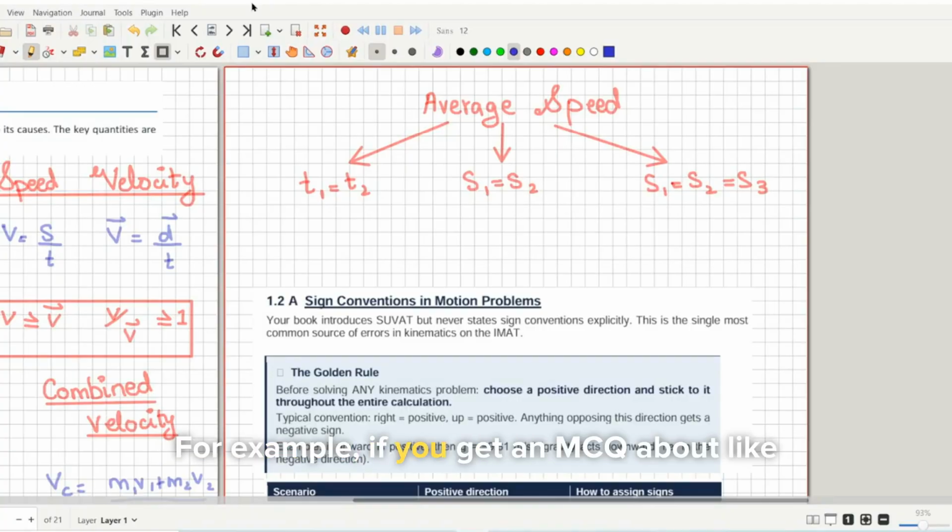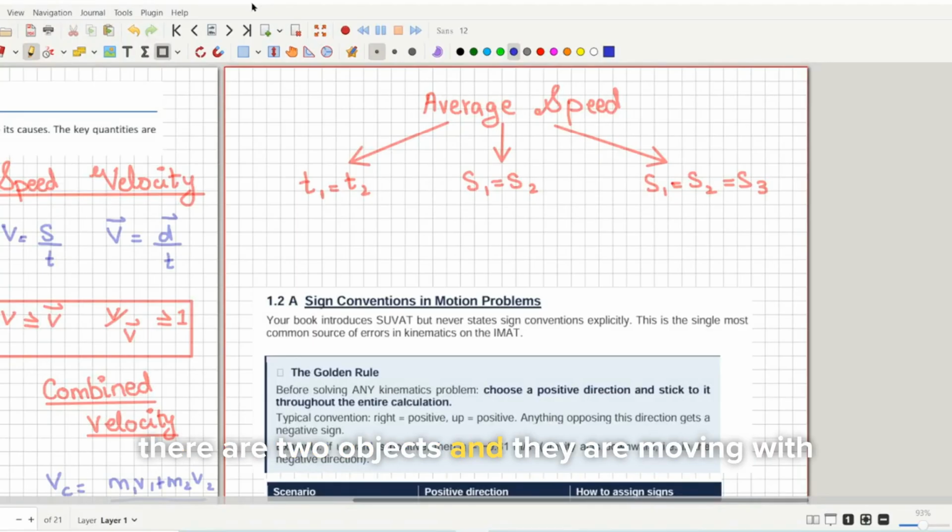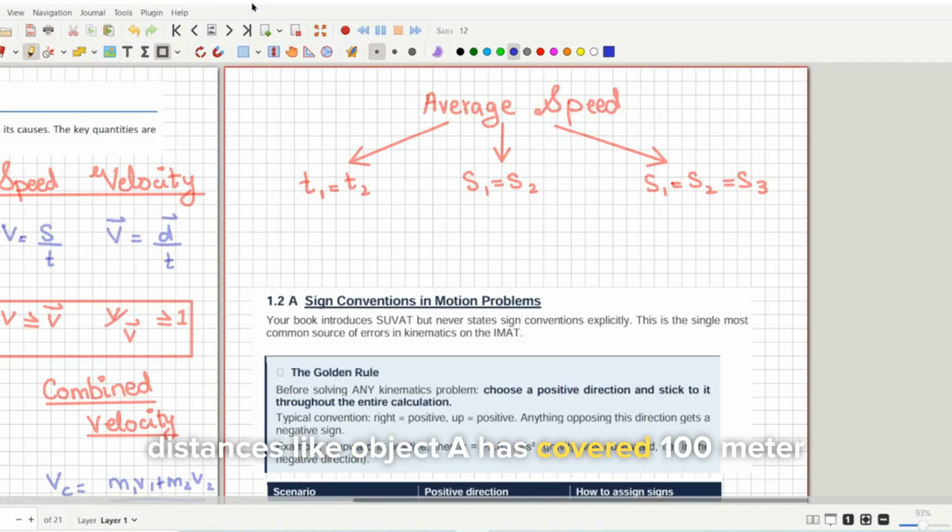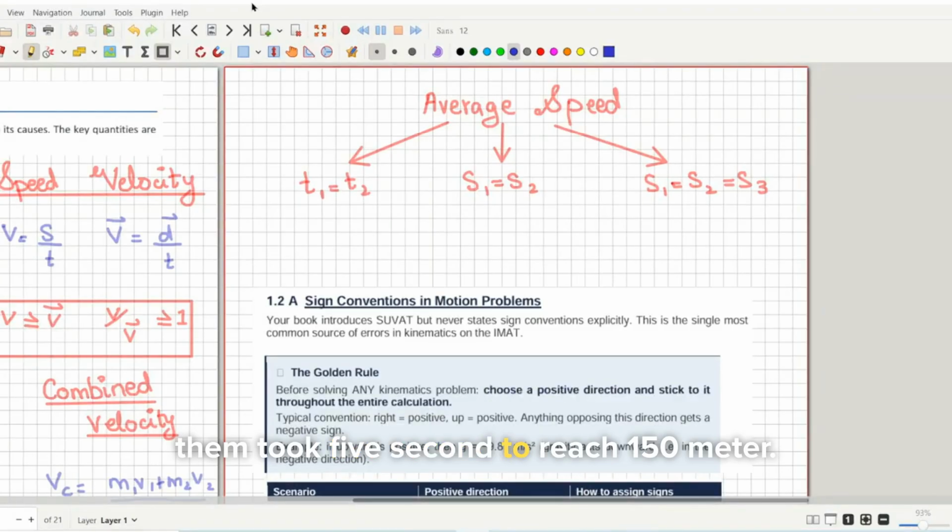For example, if you get an MCQ where there are two objects moving with a really high speed, and they have covered different distances, like object A has covered 100 meters and object B has covered 50 meters, but they took the same amount of time, like both of them took 5 seconds to reach 150 meters, right?